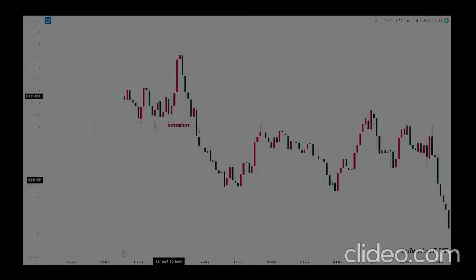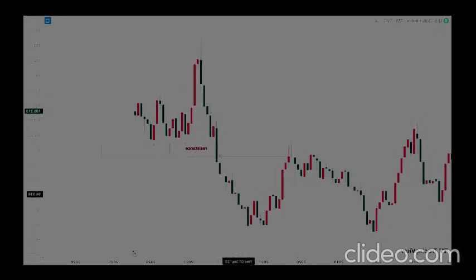As you can see here, the market made this previous high, but the market managed to break here.